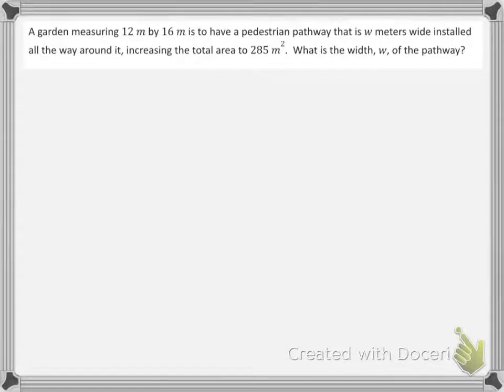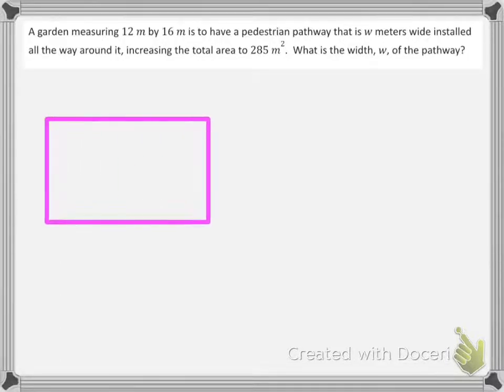Well, let's imagine we have a 12 by 16 garden, and then we're going to add a walkway around it. Let me get a different color here. Maybe that one, that's a nice color. Okay.